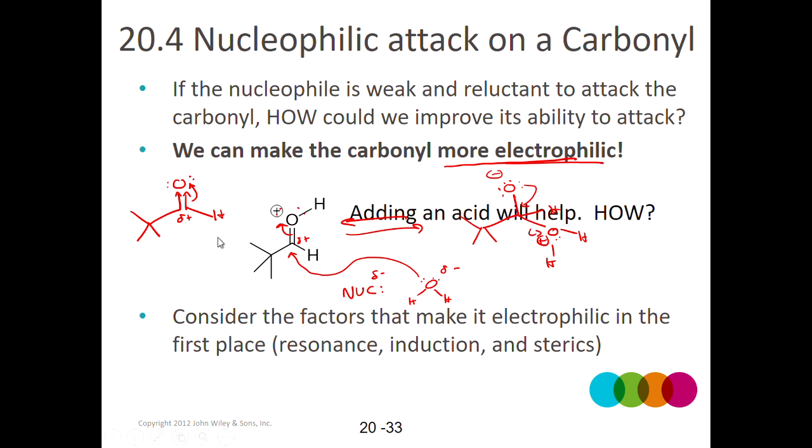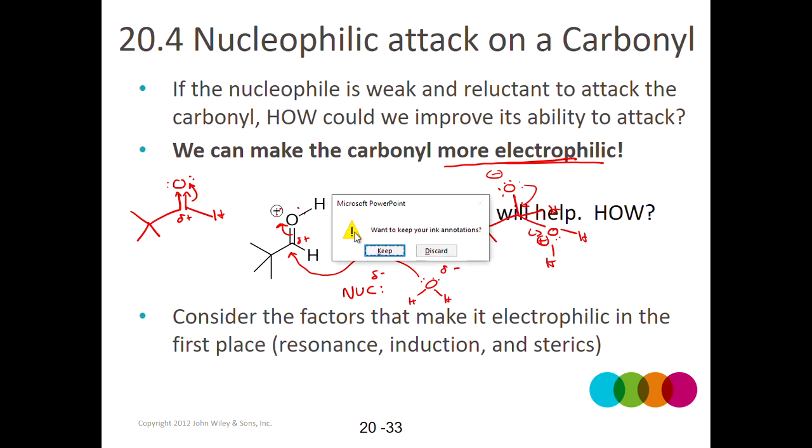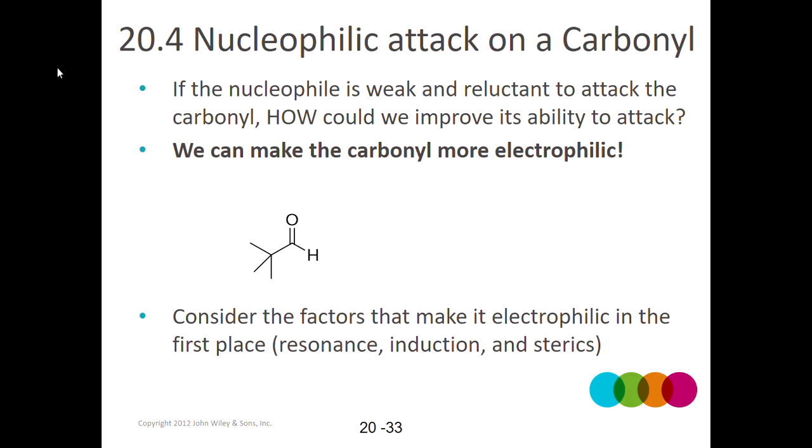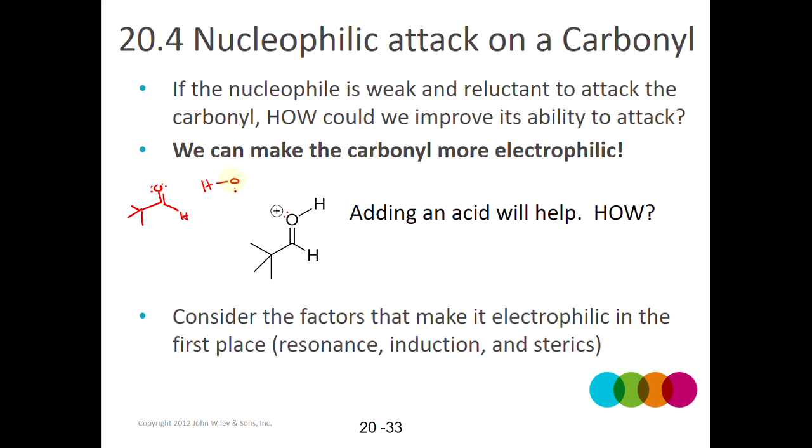And the way to do that is to usually add a proton or an acid. By adding an acid, you can get the ketone or aldehyde to act as a base, right? So if I add HCl or sulfuric acid or H3O plus, something that's a strong acid, the carbonyl should pick up that proton and become protonated.